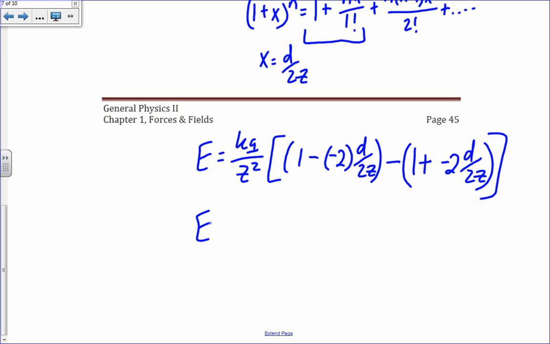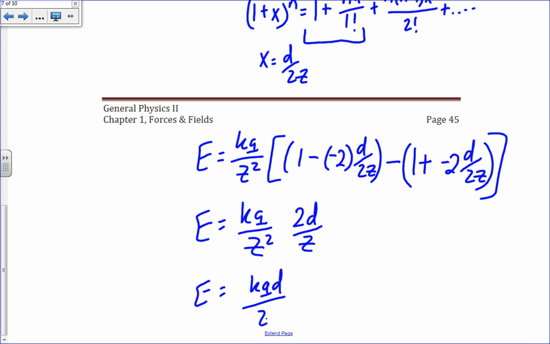If I simplify that again, I get KQ over Z squared times 2D over Z, and then simplify it, just combine those Z's, I get KQD over Z cubed.